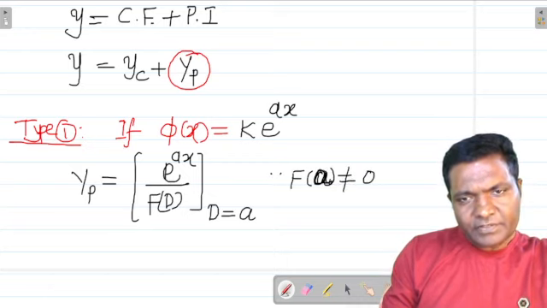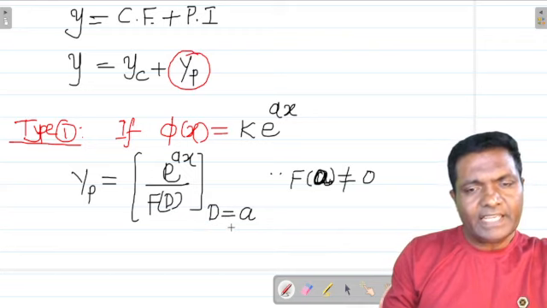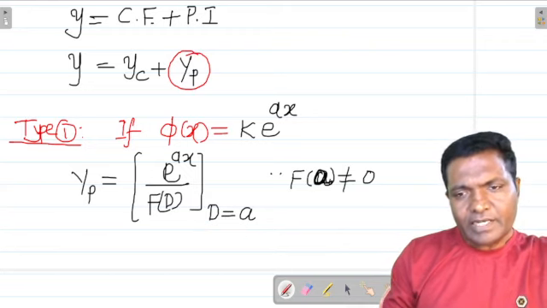So remember this. On substitution, if the denominator is not 0, then you replace D as a, so you will get yp.